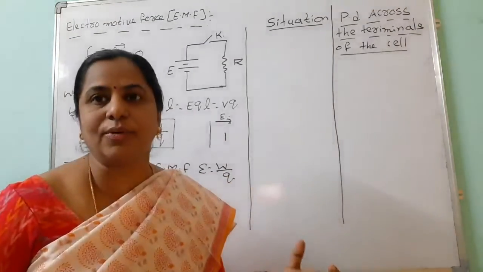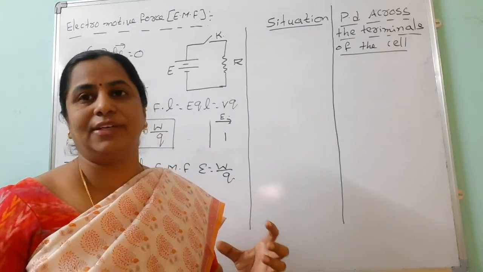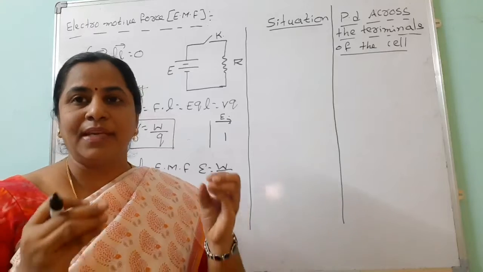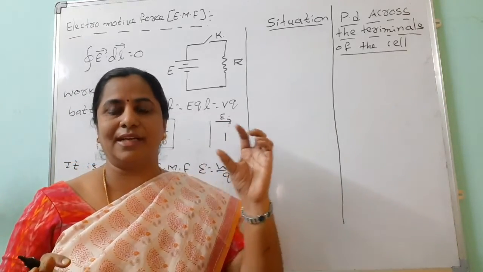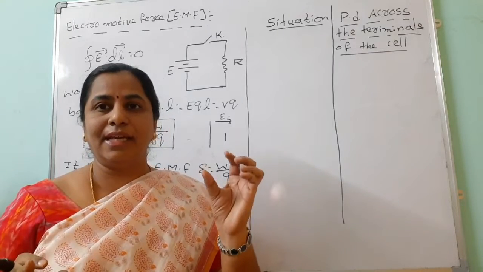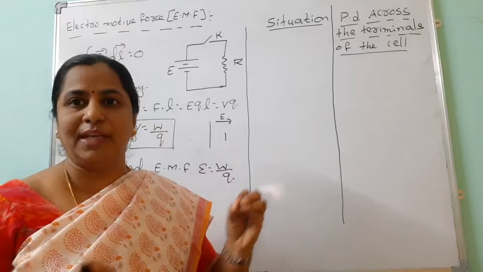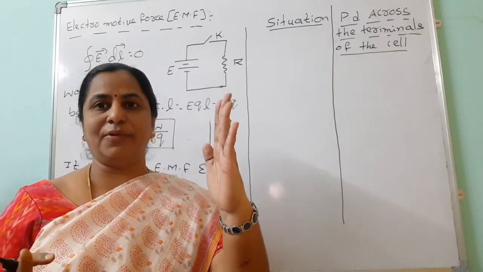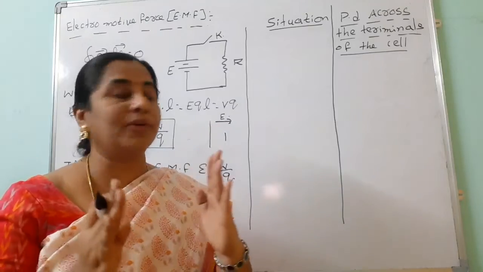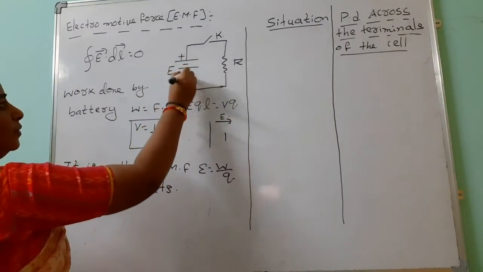But what is the role of this battery? This battery is doing the positive work. Inside it, as in clocks, we are using cells and electrolyte materials. There it is forcefully pushing the positive charge from negative to positive. Because of that, one terminal is at high potential and the other is at low potential.